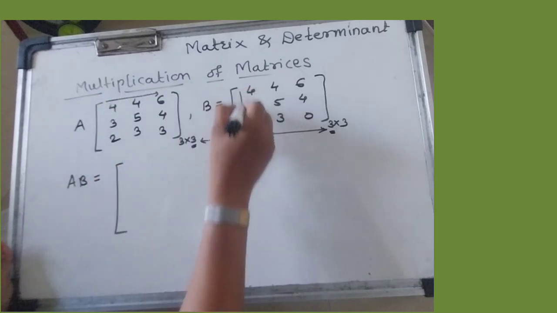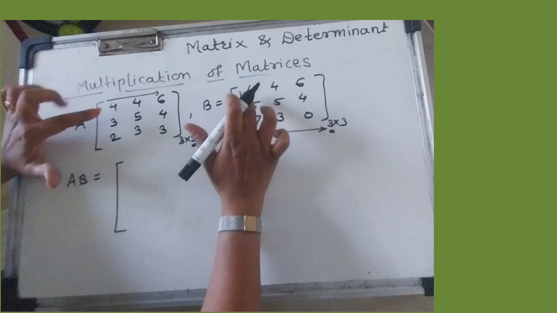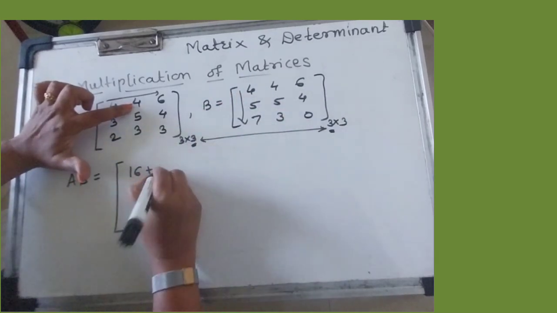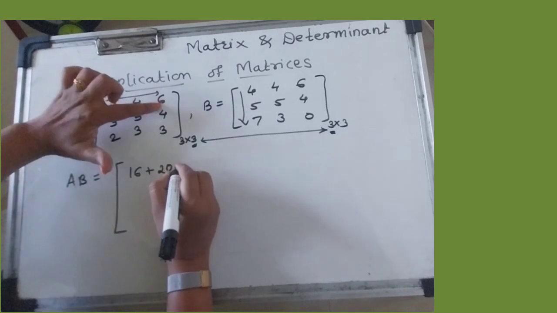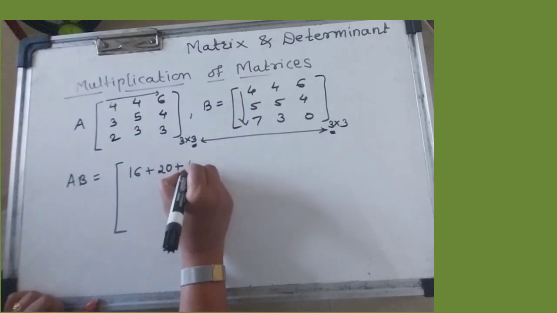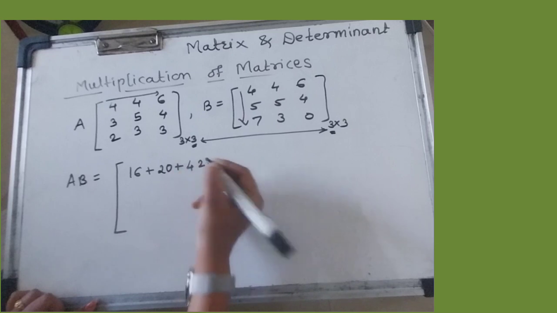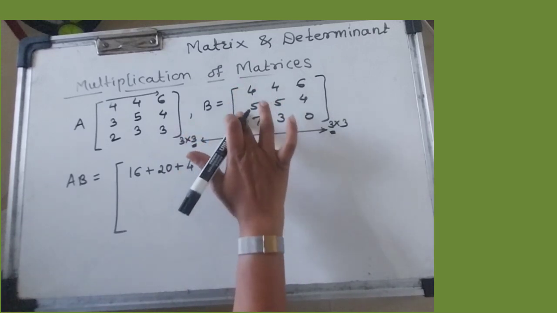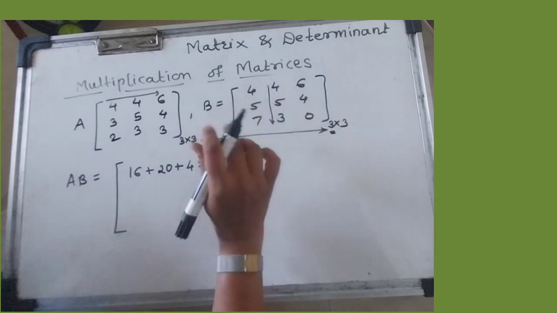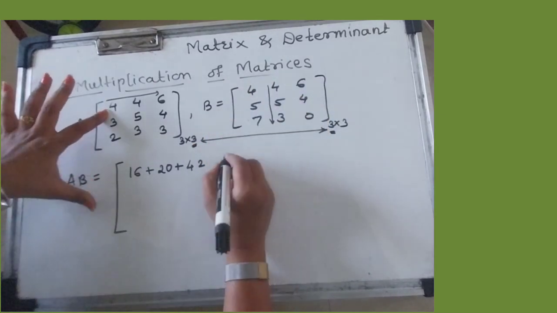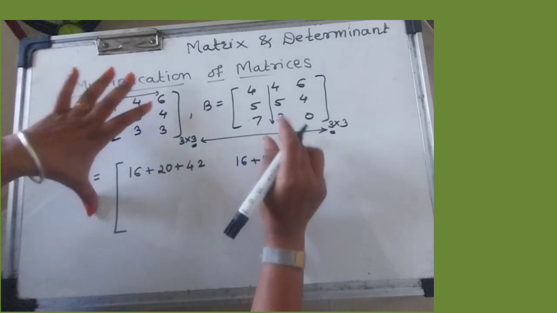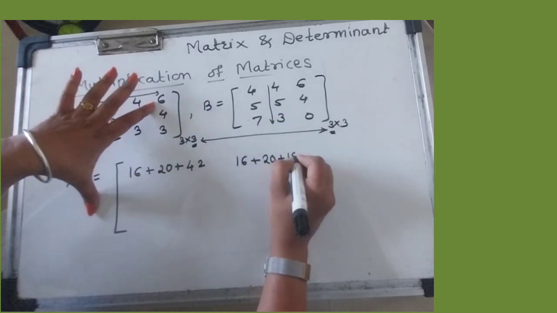First row, first column. See, 4 into 4, it is 16, plus 4 into 5, it is 20, plus 6 into 7, 42 here. Okay. Again, shift the column. 4 into 4, it is 16, plus 4 into 5, it is 20, plus 6 into 3, it is 18.